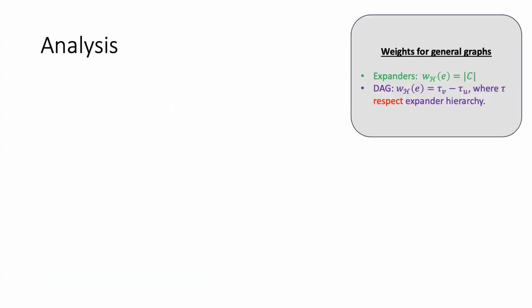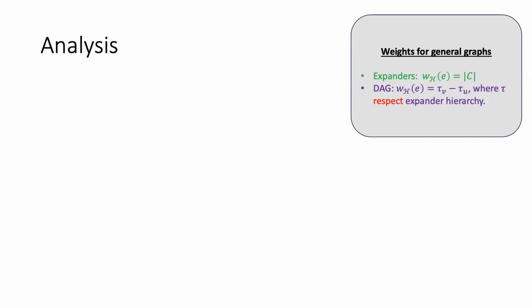structurally. So we can analyze the expander hierarchy. So what should we put on the weights? We will just use, again, a very natural weight function that we call W sub H, where H is the expander hierarchy. For an edge that is ever an expander edge in some expander in some level, we just set its weight to be the number of vertices in the expander.